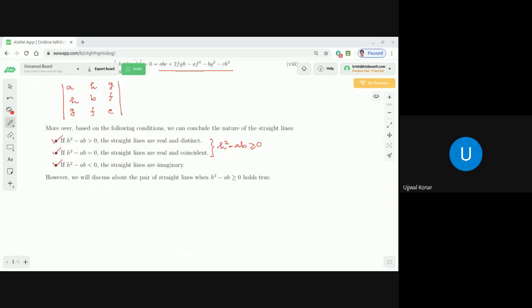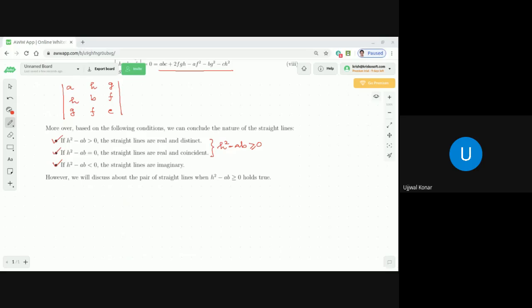Now if that equation, ax square plus 2hxy plus by square plus 2gx plus 2fy plus c equal to 0, can finally be represented as two linear factors, then those two linear equations will represent the equations of the straight lines, correct?